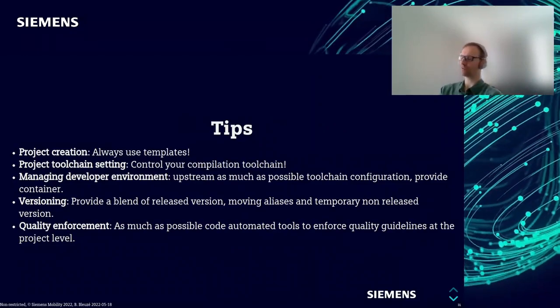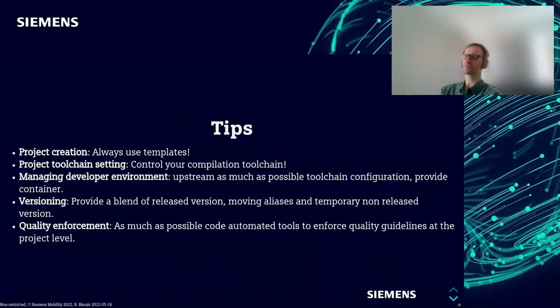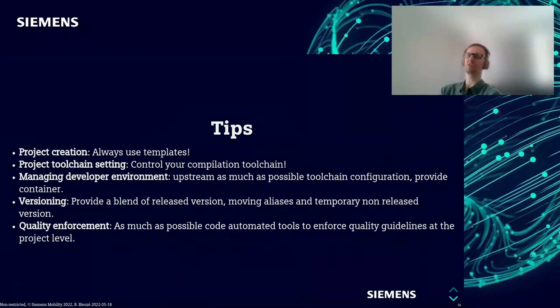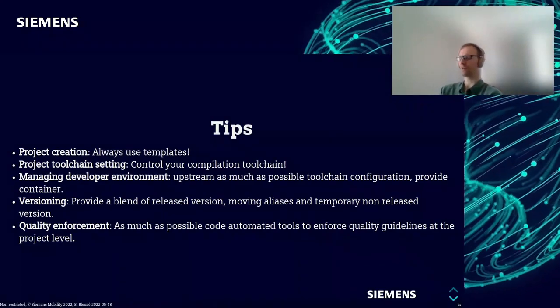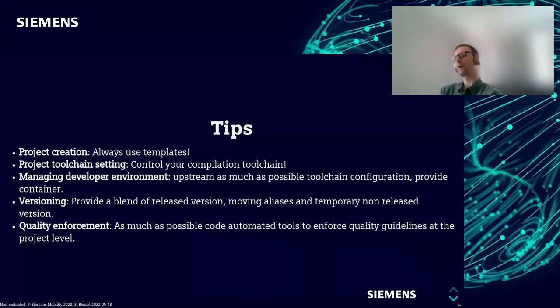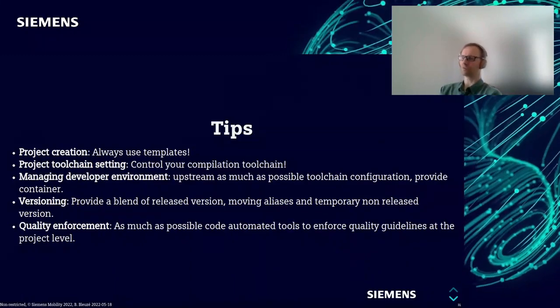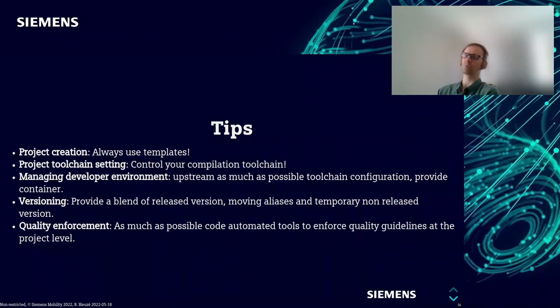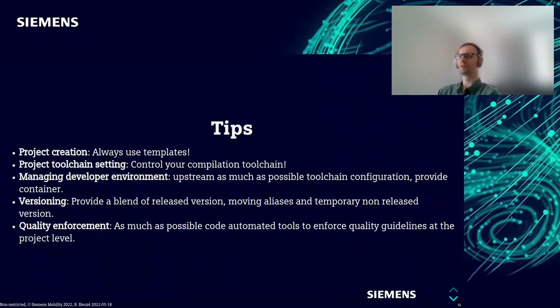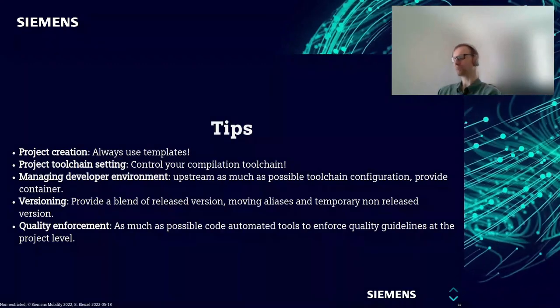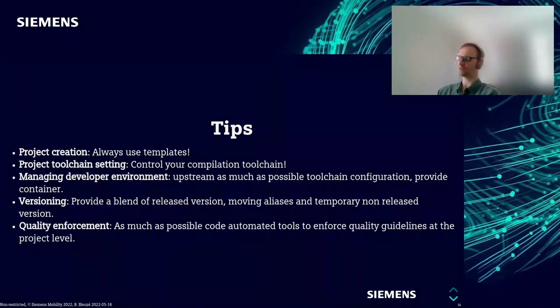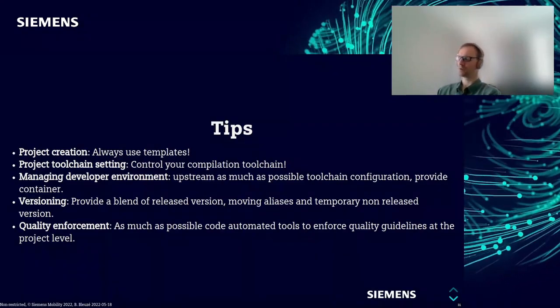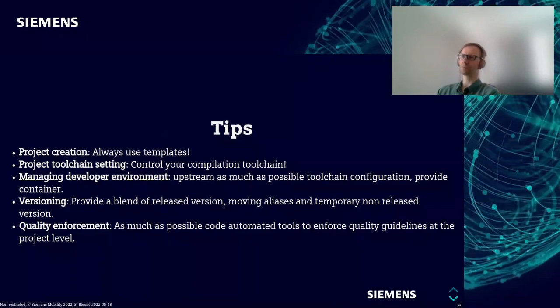Versioning, use 3 types of versioning: released versions, moving aliases, and temporary non-released versions that you can download binaries or source. And enforce quality through automated tools, and use hooks for this in Conan, for instance. You can do it in any other way, but those are making you go a long way in terms of scaling up with multiple teams.